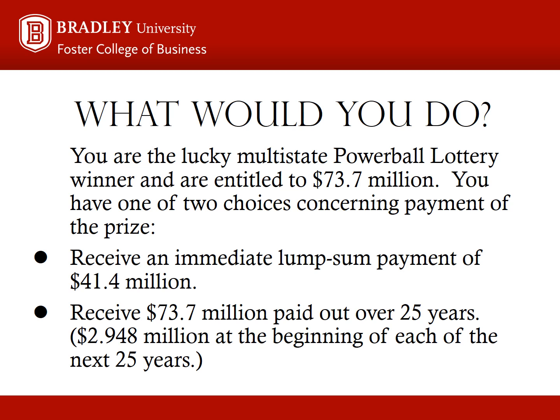And then whichever number is larger, the number you would get when you sum up that what we call annuity, that $2.948 million annuity, or the $41.4 million, that would be the choice you'd make, the larger of the two. So that's what I'm going to show you here in the upcoming slides, is how exactly would we do that.